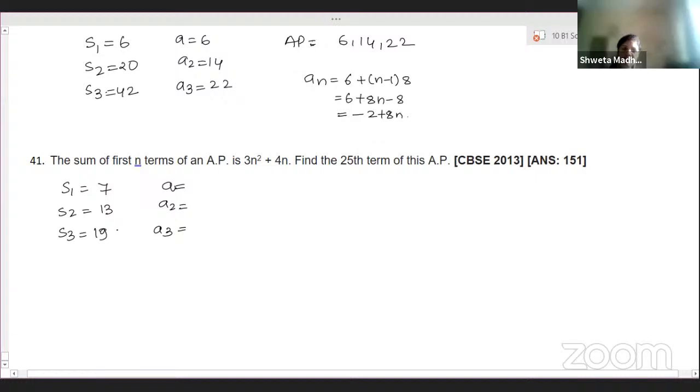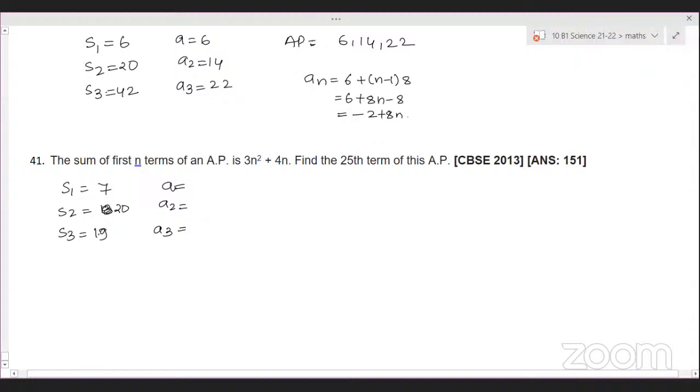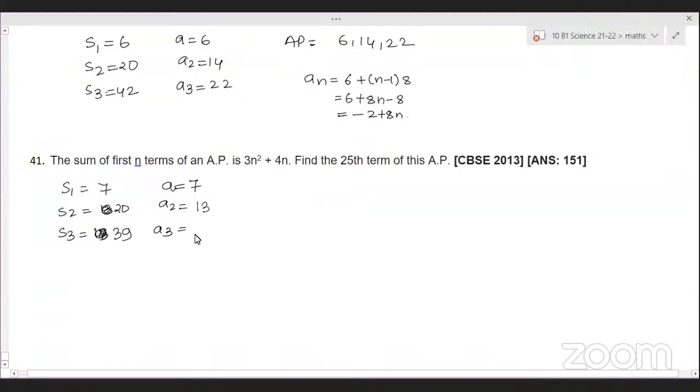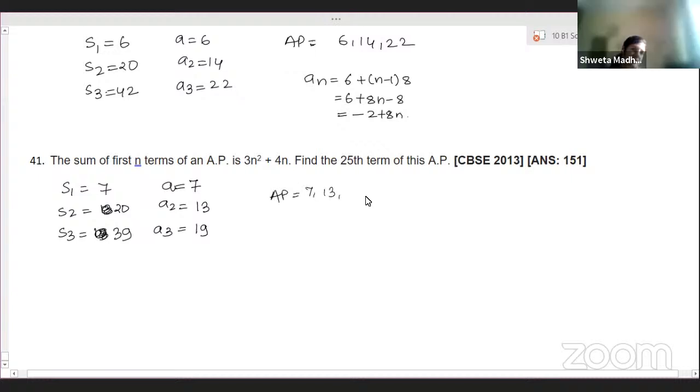S2 is 20, 13 is wrong. You have told me A1, A2, A3 values. I didn't see that. S3 is 39. A2 is 13, A3 is 19. So AP is 7, 13, and 19.